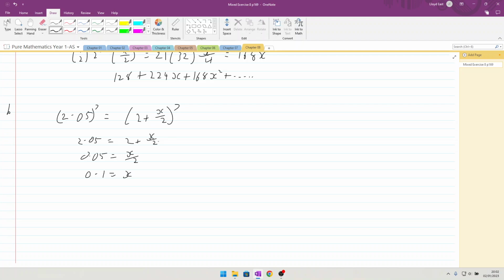At this point I can substitute x into the expression, which would be 128 plus 224 times 0.1 plus 168 times 0.1 squared, and that would then give you your 128 plus your 22.4 plus your, what's that going to be, 1.68.